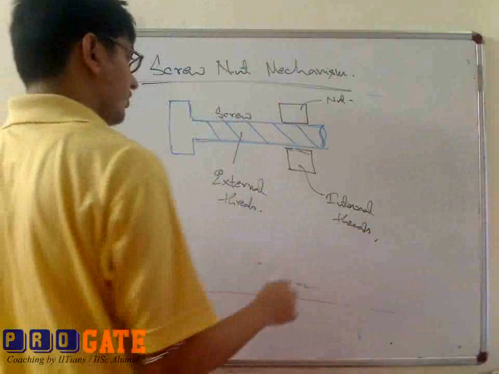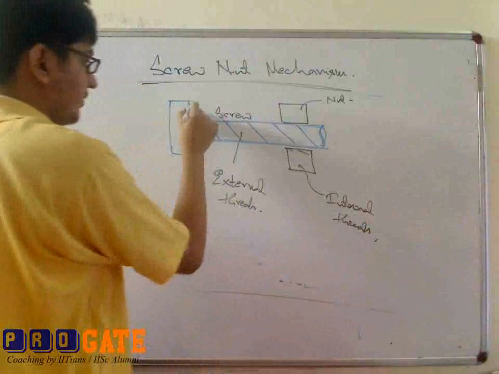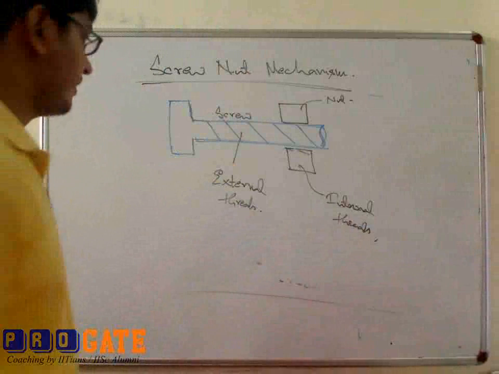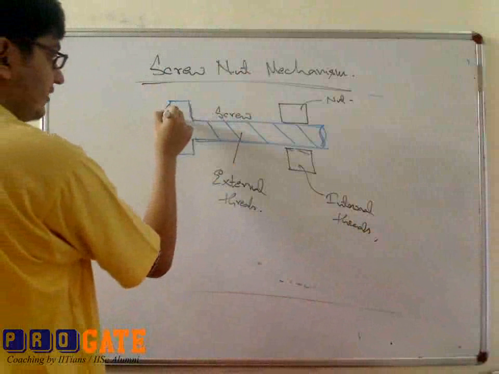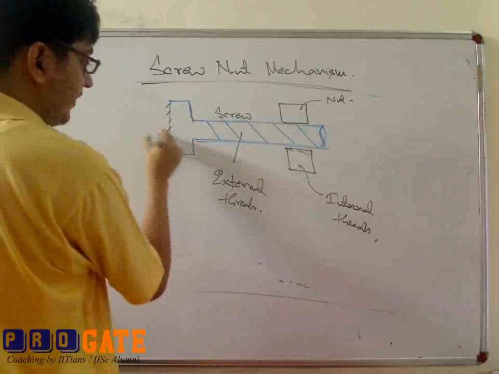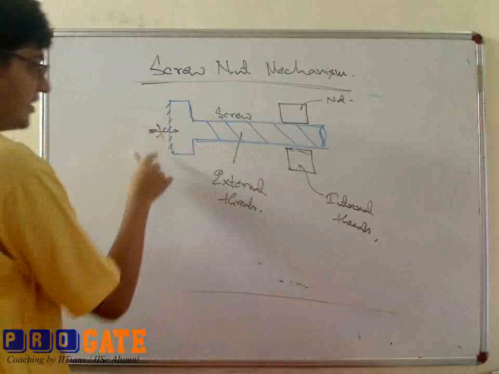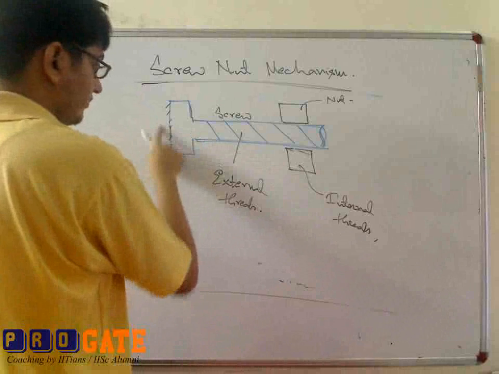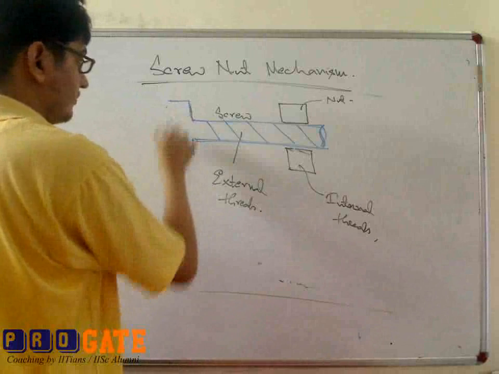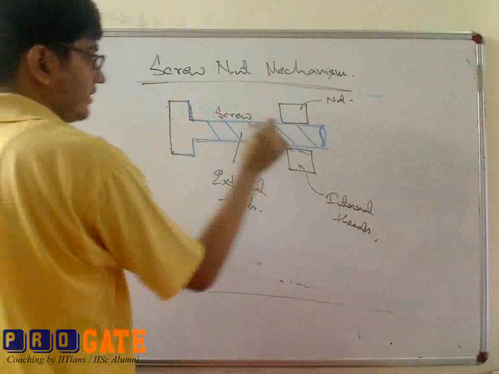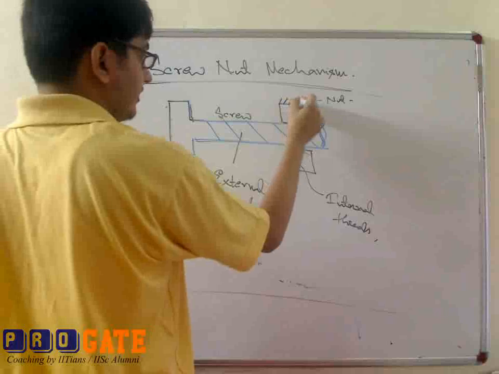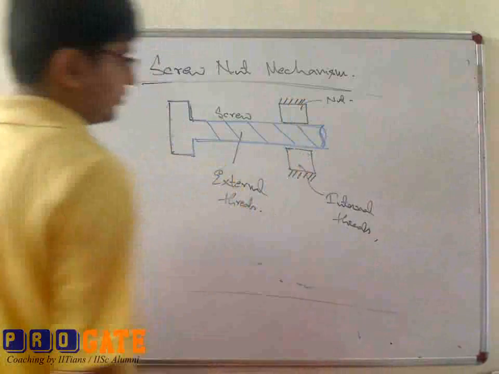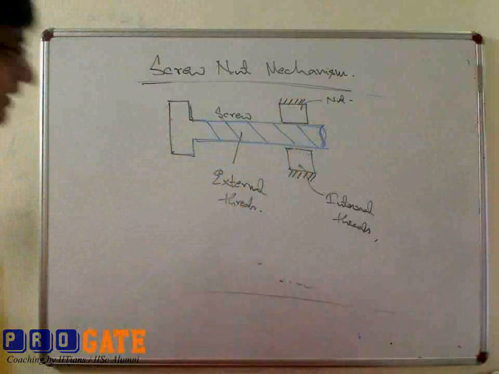Now if you rotate this screw, when this is free, this is a kinematic chain. Now you fix this nut, meaning you fix the translational motion, so there is no translational motion of the nut.